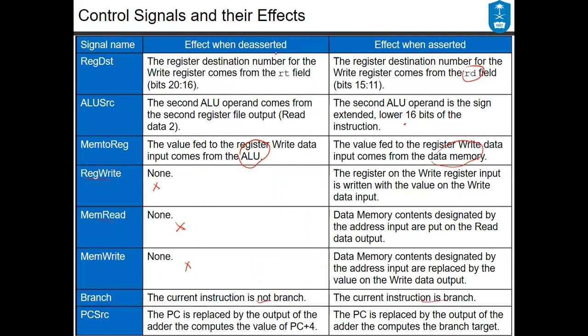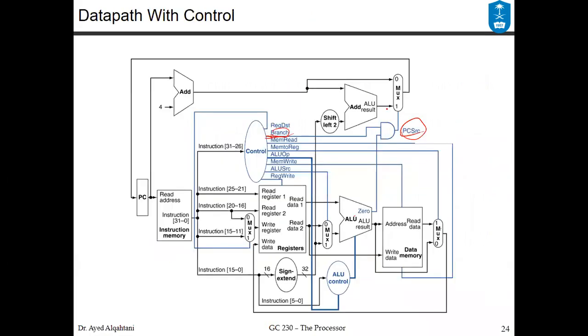The BC source, if it is equal to 0, then the BC is replaced by the output of BC plus 4. If it is equal to 1, then the BC is replaced by the output of the adder that computes the branch target. So the branch target address is the one that's going to be written to the program counter. So basically, if it is 1, you get BC plus 4 plus the sign extended, shifted left by 2, and you get it back to the program counter.